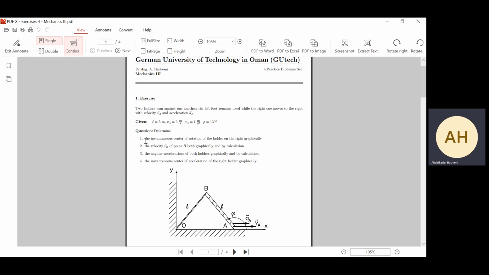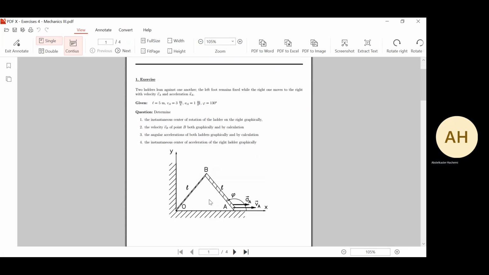It's asked to determine the instantaneous center of rotation of the ladder on the right graphically, the velocity VB of point B, both graphically and by calculation, the angular acceleration of both ladders graphically and by calculation, and the instantaneous center of acceleration of the right ladder graphically.